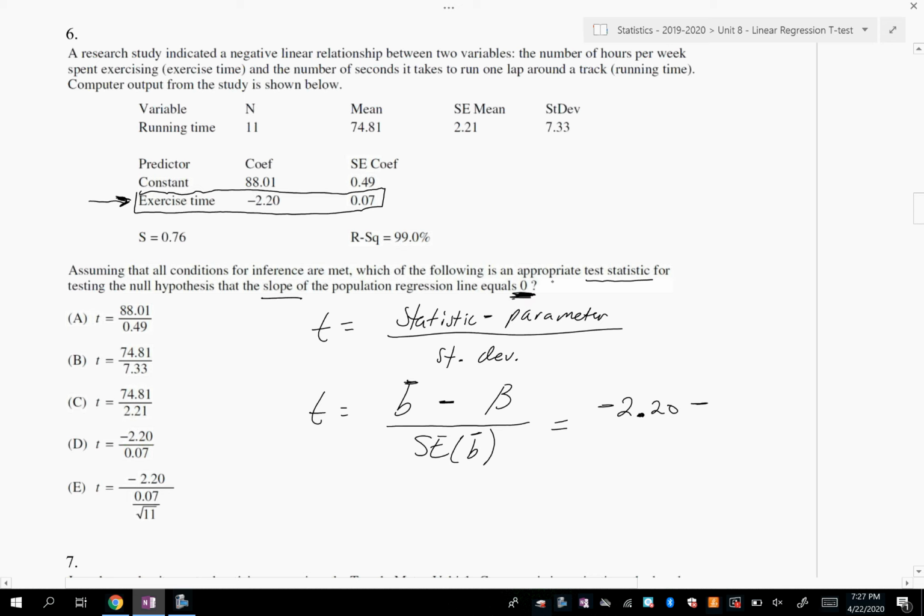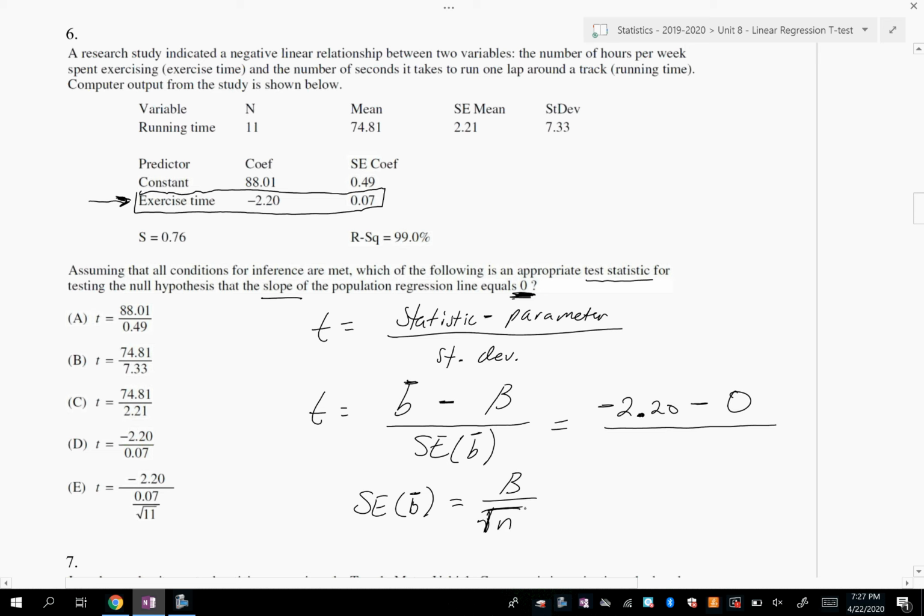So no slope would mean no relationship. So beta is 0. And then here's where it gets a little tricky. The formula for standard error that we've used many times, in this case for a mean, would be the standard deviation from the population over the square root of the sample size.